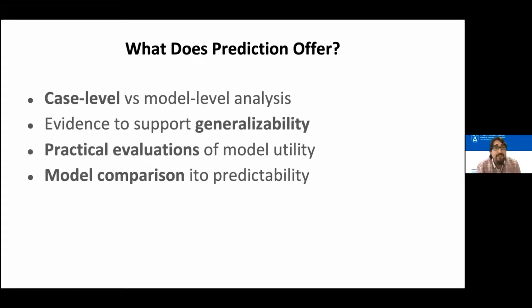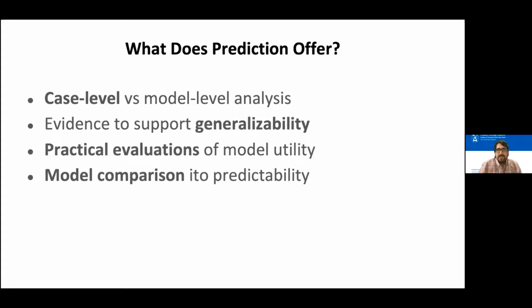We can generate evidence to support the generalizability of the model. Does the model generalize across contexts? Did the researcher consider drawing a separate sample from a similar context at a different time? And how does the model compare across those contexts? What is the practical utility of our model?